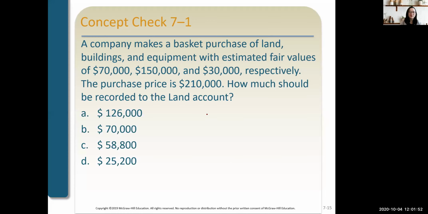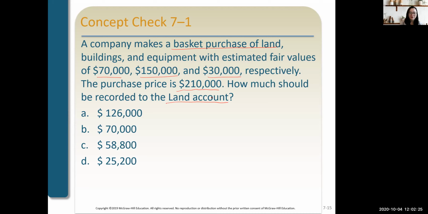Okay, so let's do an example. A company makes a basket purchase of land, building, and equipment with the estimated fair value of each one being 700, 150, and 30,000. So that means land is 700,000, building's relative fair value is 150, and equipment is 30,000. And then the purchase price of this whole thing is 210, and how much should be recorded to the land account?